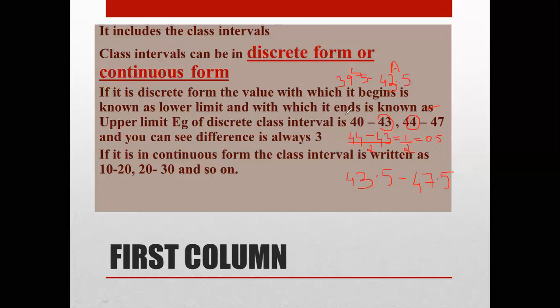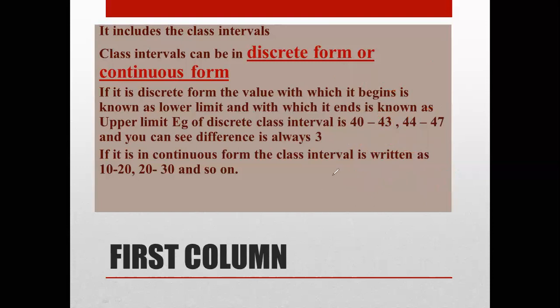This is how you can convert the discrete form into a continuous form: by finding the adjustment factor, and subtracting it from the lower limit and adding it to the upper limit. Okay, children, so subtract from the lower limit, add to the upper limit. Follow? Okay, so till here I hope it's clear.